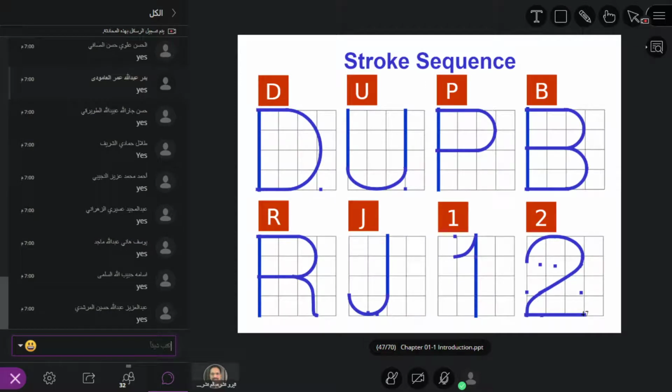Similarly D, U, P, B, or J, those are the capital English letters, and then of course numbers. So numbers are 1, 2, like that.